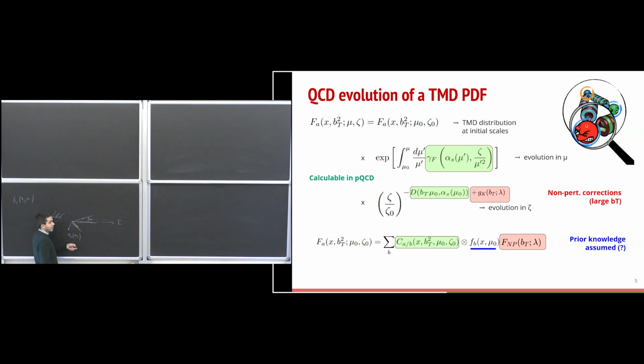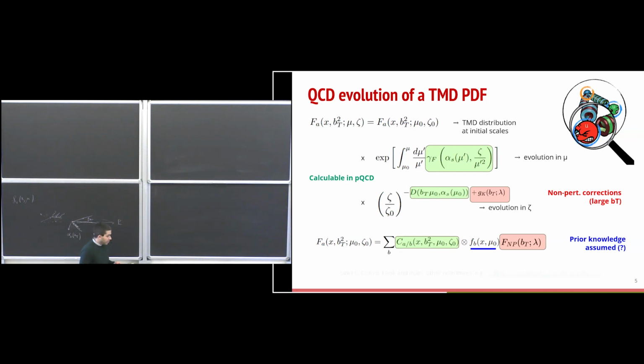And that function here tells me what happens when I emit very soft gluons. So when the kick is small because the KT is small or because the gluon is soft. From the physics point of view, I hope I convinced you that in these kinds of distributions, looking at the evolution equations, we have things that we can calculate and things that cannot be calculated.